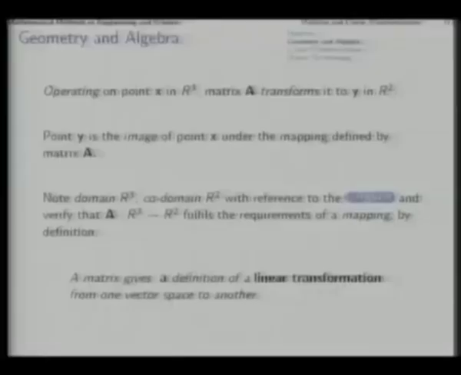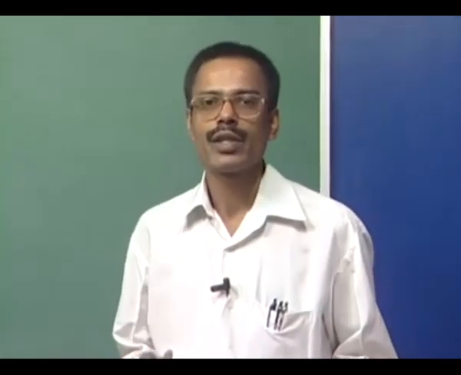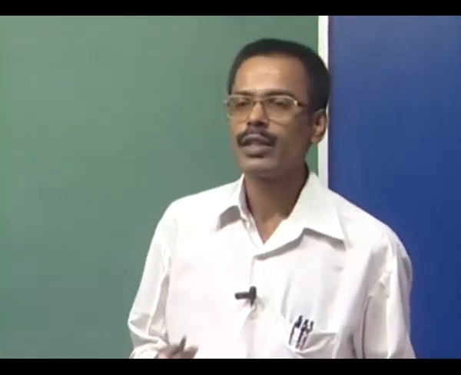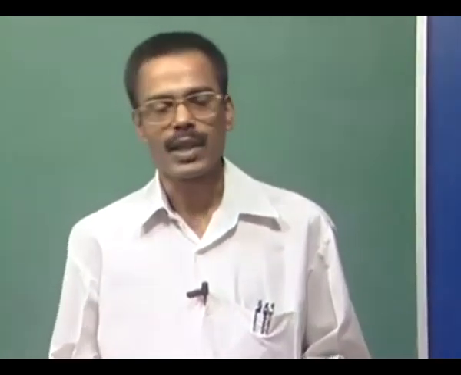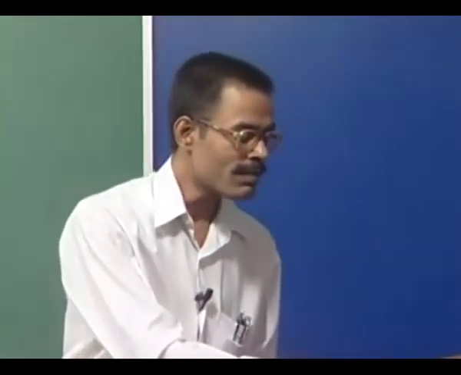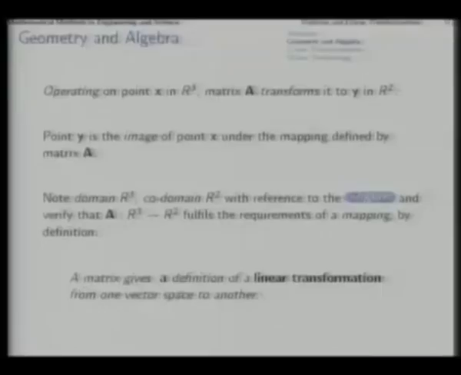Then we arrive at another important definition of the matrix, or another important action of a matrix, and that is a matrix gives a definition of a linear transformation from one vector space to another.